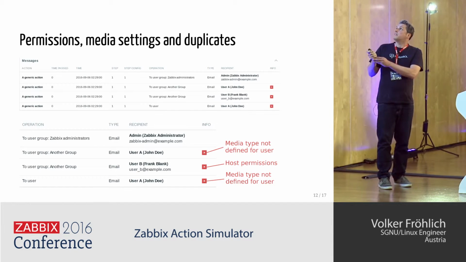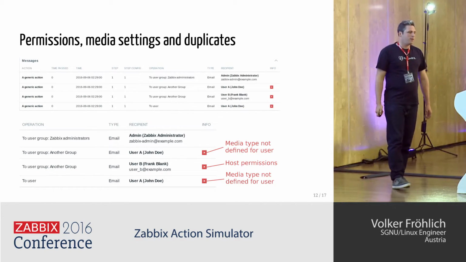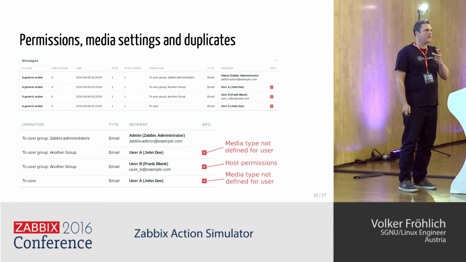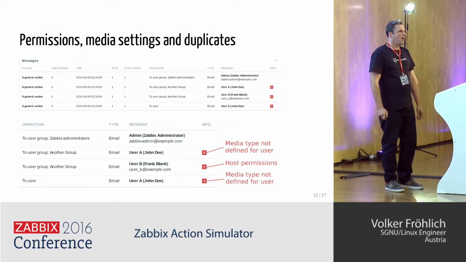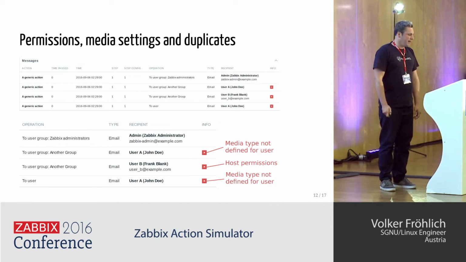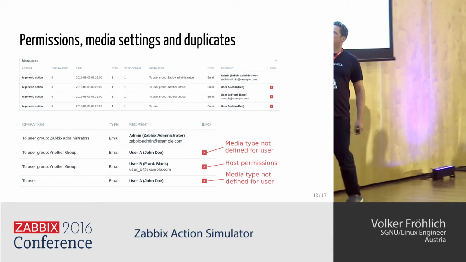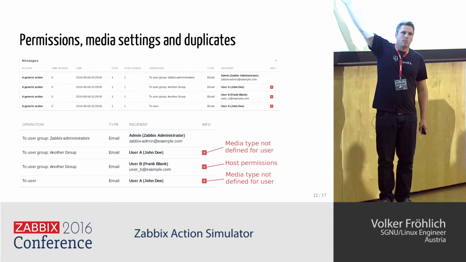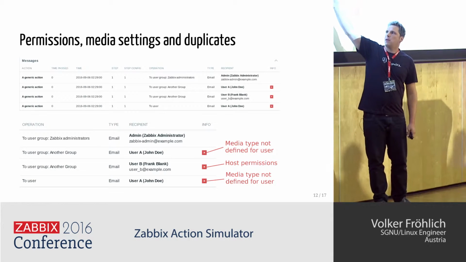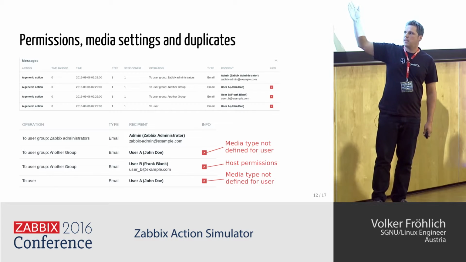And on the far right, you can see there are red boxes. We've got 4 lines here, and we actually have 3 configuration failures in here. The first one is a duplicate message. User B, no, sorry, it's user A. User A is scheduled to be sent emails twice on the same issue and at the same time.